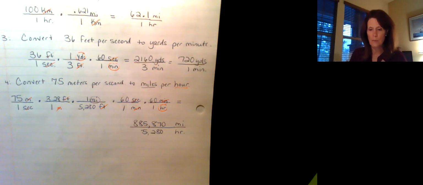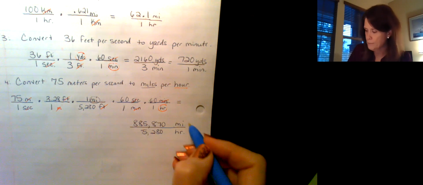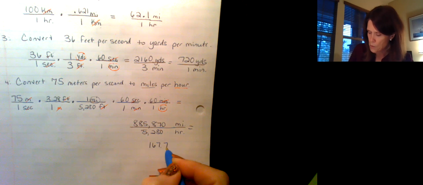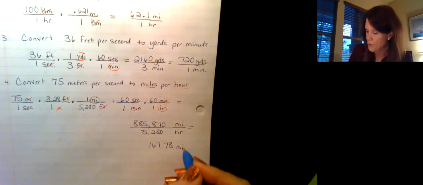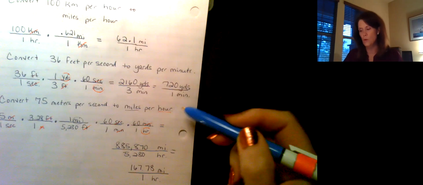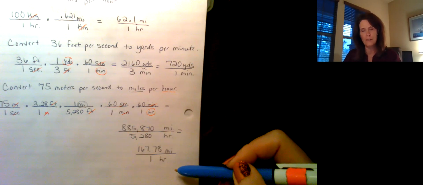Okay. I take my calculator and divide that out. I'm going to get 167.78 miles per 1 hour. So I've done that conversion now. Okay.